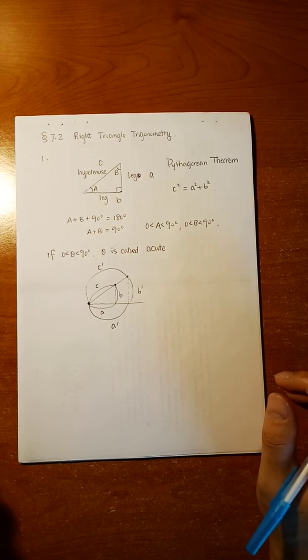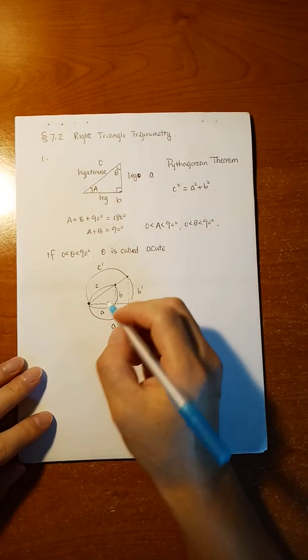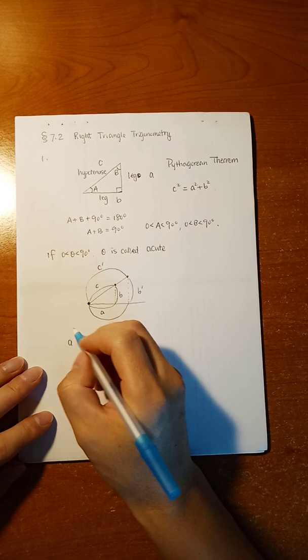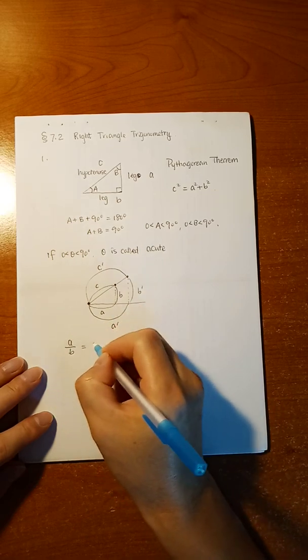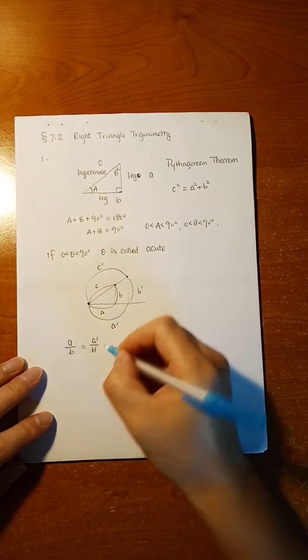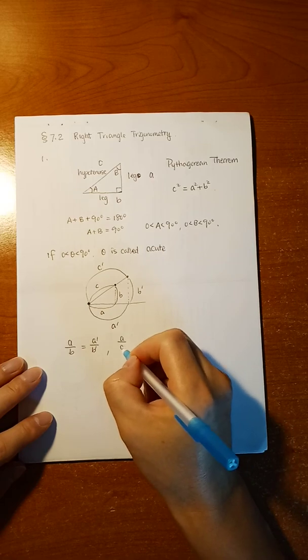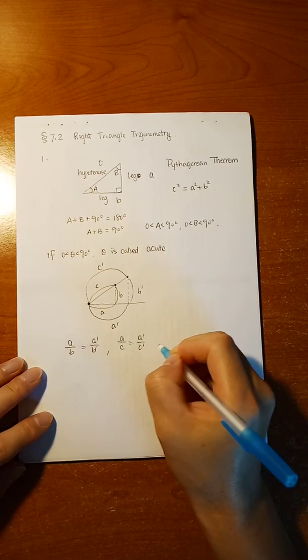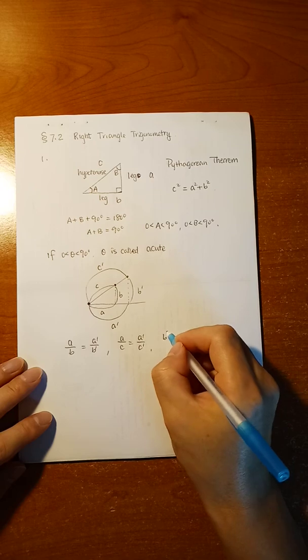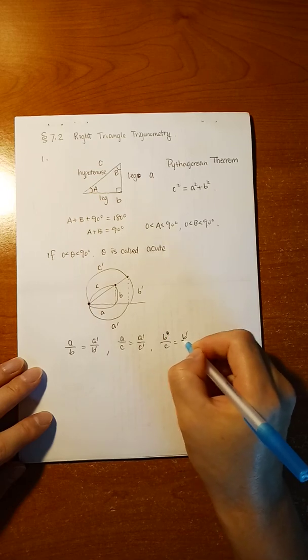And from the similar triangles, we know that, for example, A over B is equal to A prime over B prime, and A over C is equal to A prime over C prime, and B over C is equal to B prime over C prime.